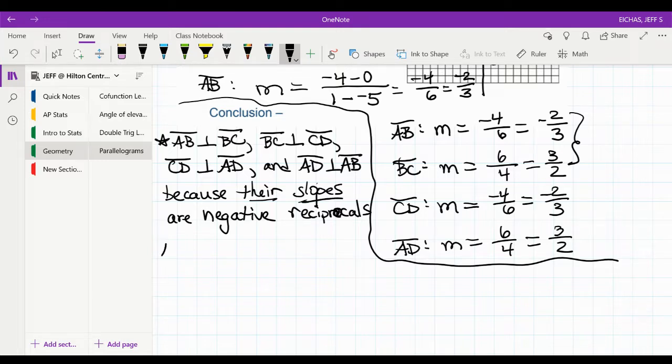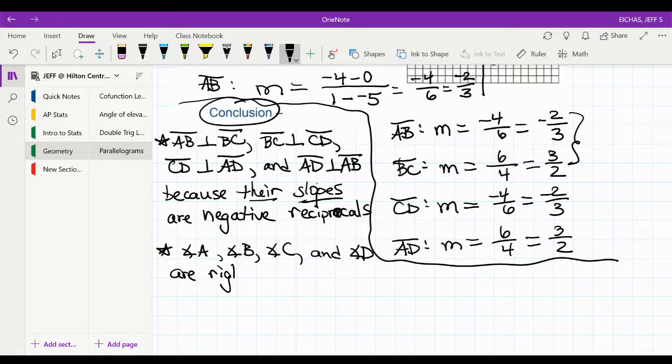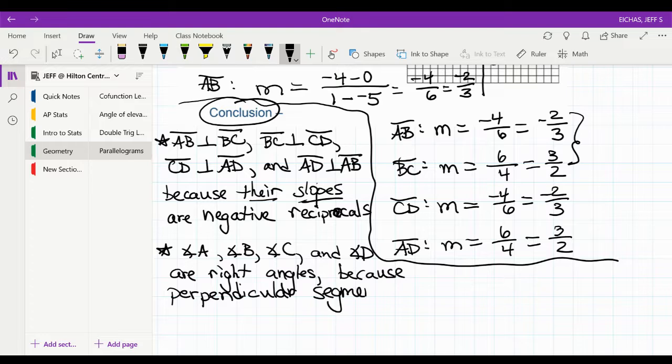Okay. Another conclusion before our summary. Another conclusion is now we're going to talk about angle A, angle B, angle C, and angle D are right angles. Why? And that's because perpendicular segments create right angles.